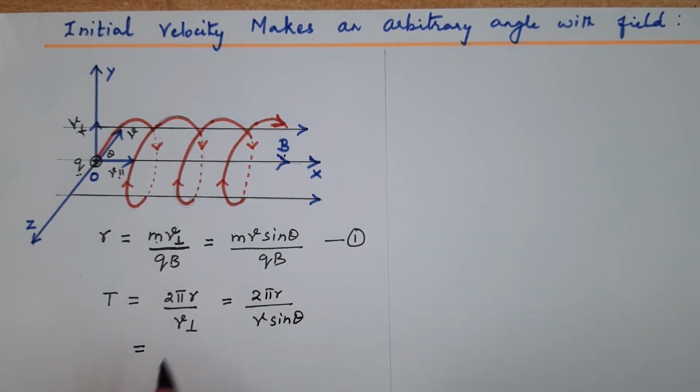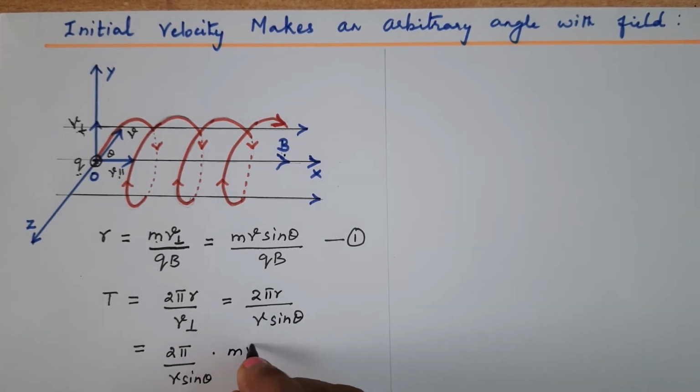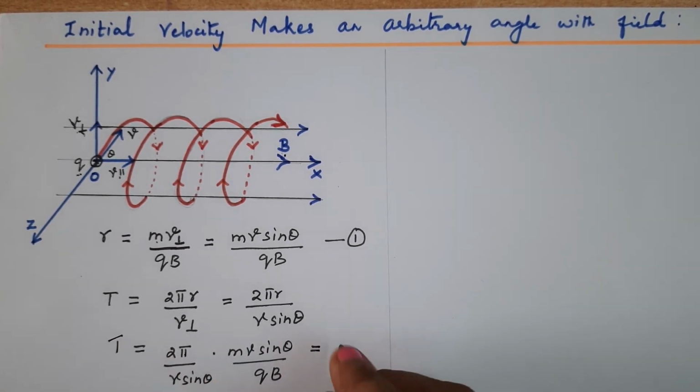Further, we can expand this formula by substituting equation 1 for the radius. I repeat here, 2 pi upon V sin theta multiplied by m V sin theta upon qB. So the V sin theta terms cancel, and hence this time period T can be written as 2 pi m upon qB.